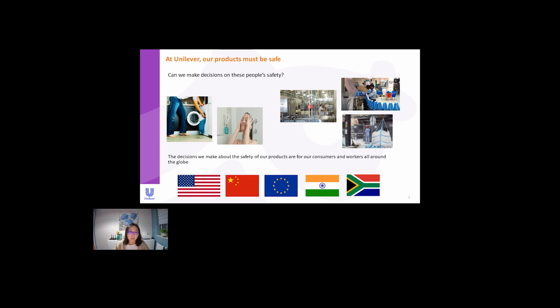At Unilever, we make many of the world's favorite brands, as you can see, including a lot of cosmetic products. And at Unilever, we must make sure that the products are safe, and we need to make certain decisions about the safety of our products for both our consumers and workers all around the globe.